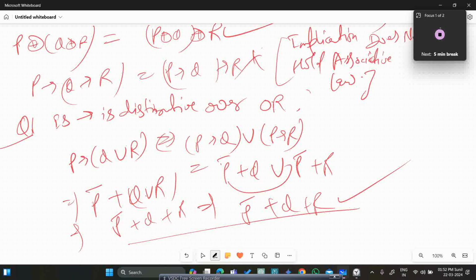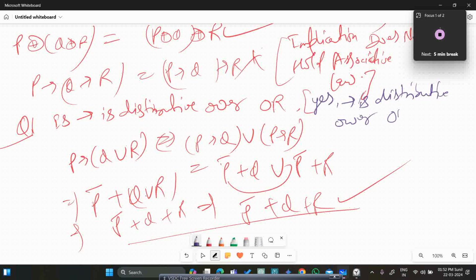Yes, implication is distributive over the OR operator.